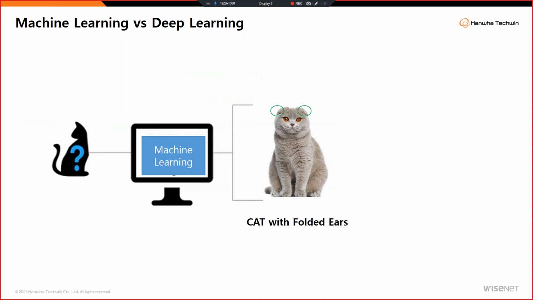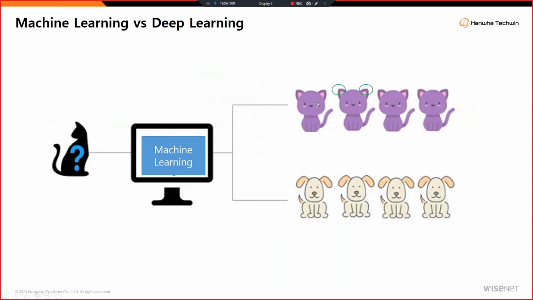For example, if I have to differentiate between a cat and a dog, the programmer will say look for animals with pointed ears, not folded ears. That will come under the criteria of a cat. If it has pointed ears, it will be a cat. If it has drooping ears, it will be a dog.